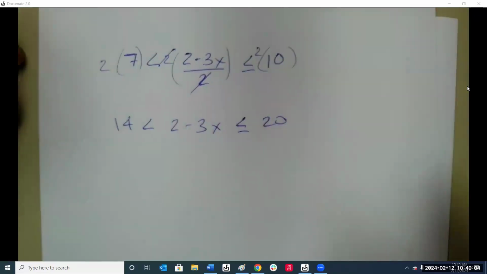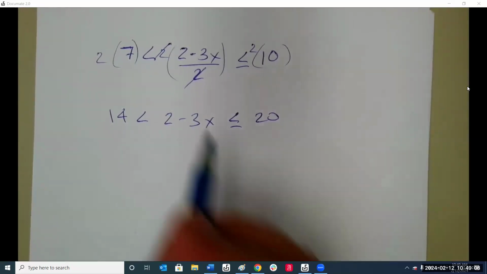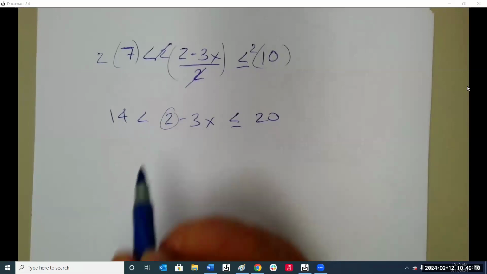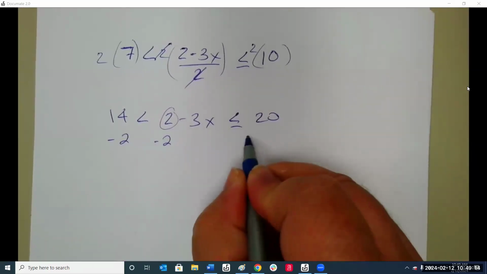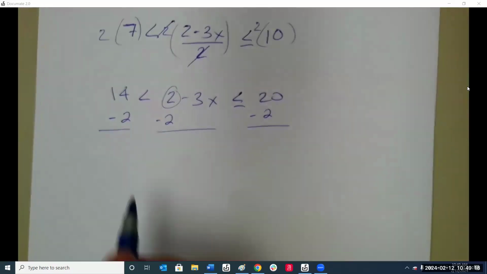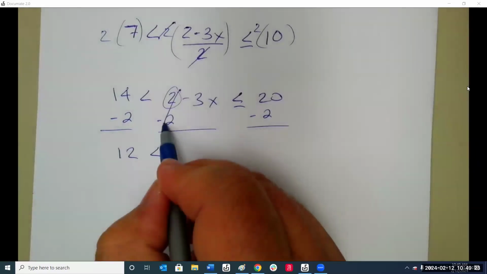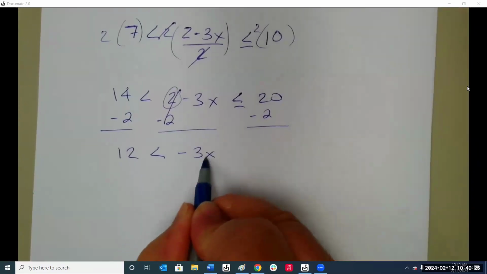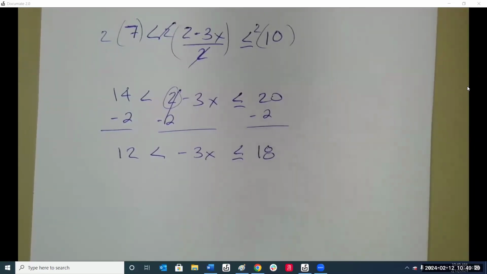That's the first step. Second step, you have to get rid of the 2 here. Subtract 2 from everybody. Fourteen minus 2 is 12. Those cancel. 20 minus 2 is 18.